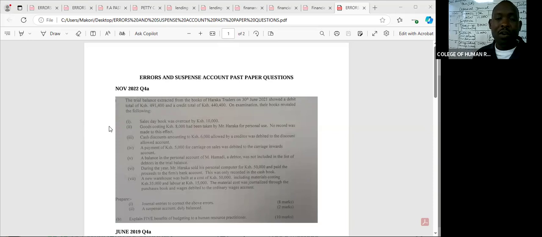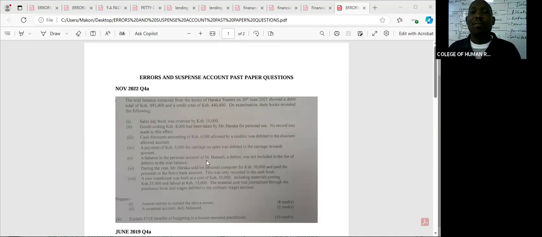But now the question here, the problem, that's why we normally say that those who normally set the papers are normally not very keen. If you read the entire statement, you are not given the amount. Now, as we are going to correct that, which figure are we going to use? You'll find that now our hands are tied.